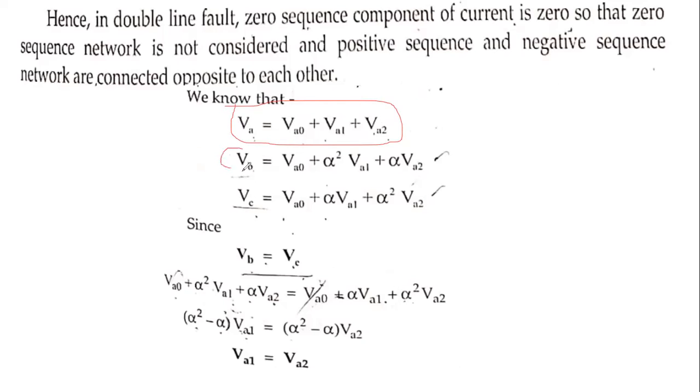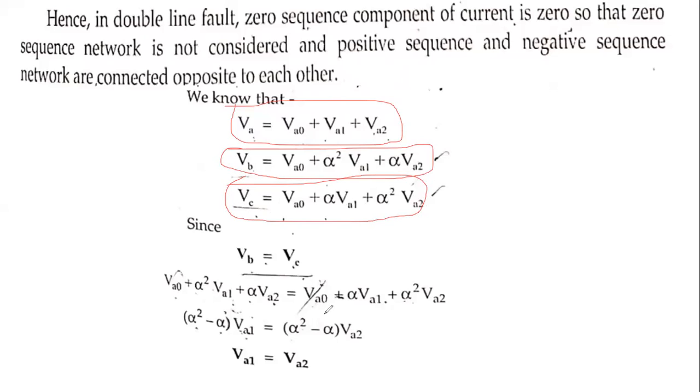Similarly, the voltage at phase B, VB, is equal to the zero sequence voltage VA0 plus alpha square into VA1 plus alpha into VA2. Similarly, the formula for voltage across the C phase: VC is equal to VA0 plus alpha into VA1 plus alpha square into VA2.